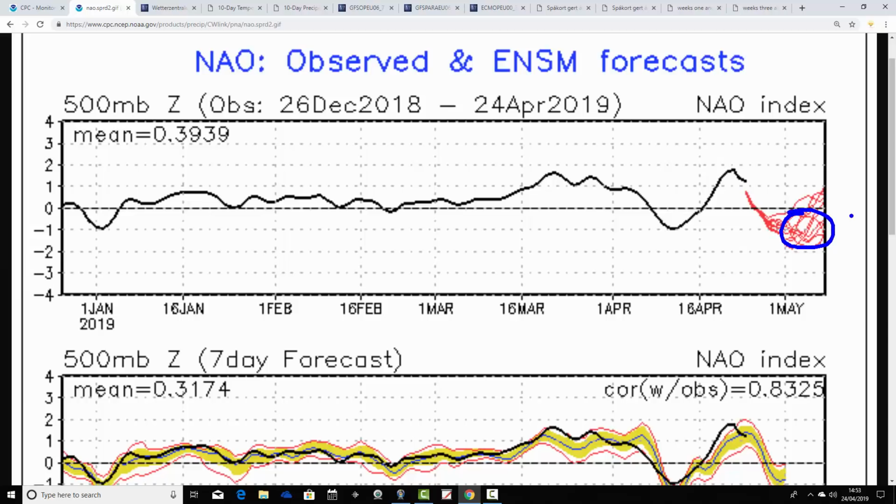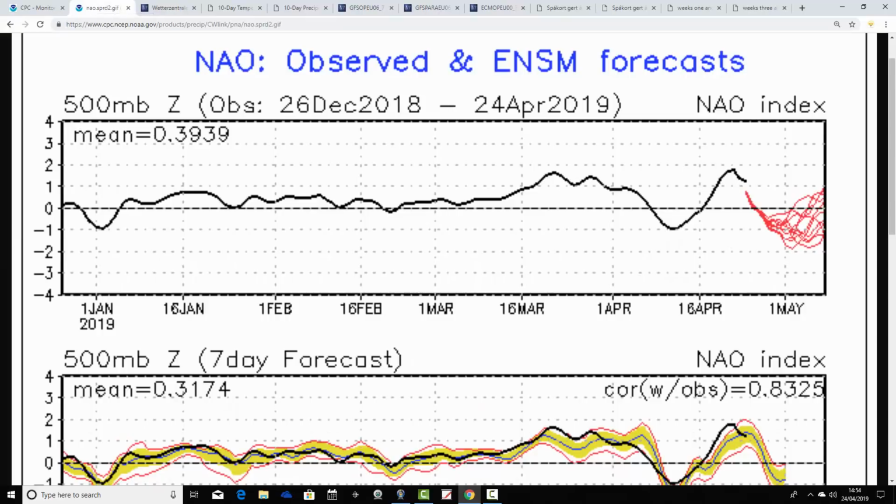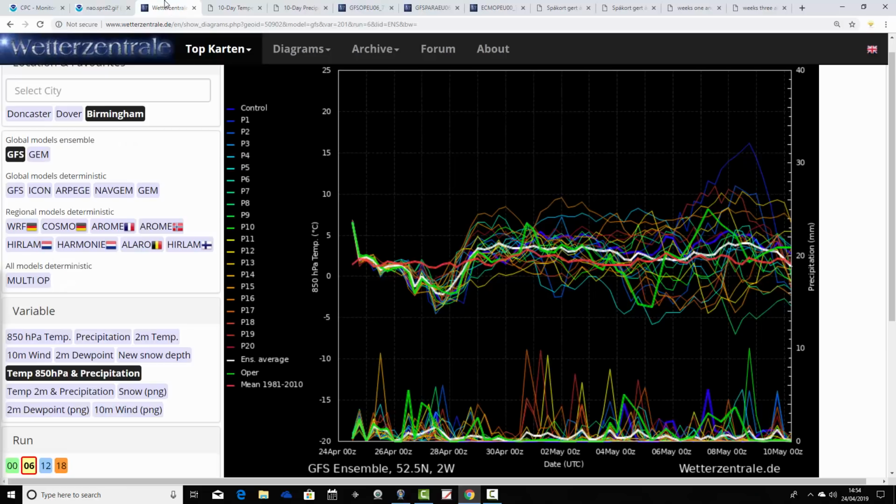Normally over the past few months anyway, it's tended to be the AO that has been definitively shifting into negative territory at times, but it looks like a bit of a change on that through the early part of May, with the NAO being the index that's going more definitively negative, and the AO kind of split. There's the AO again, quite split really through the early part of May, NAO quite definitively going into negative territory. So quite interesting what's going on there. We will be keeping a close eye on the AO and the NAO over the next few days.